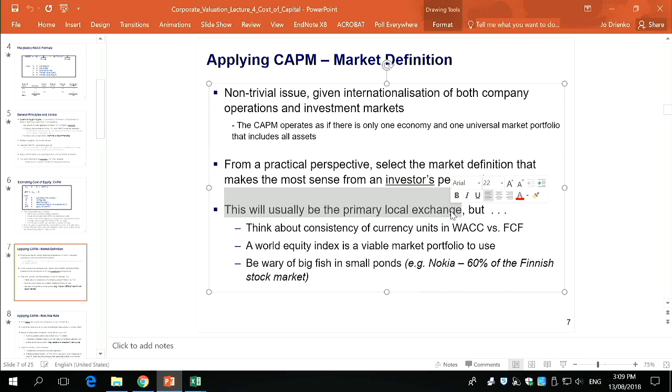If it's an Australian company but most of its business comes from the US, you should not be using the ASX 200, the local stock market, as your market definition. Even though you're listed and domiciled, that is, incorporated, in Australia, if you do 80% of your business in the US or somewhere else, you may be an Australian company on paper, but in reality, you're not an Australian company.